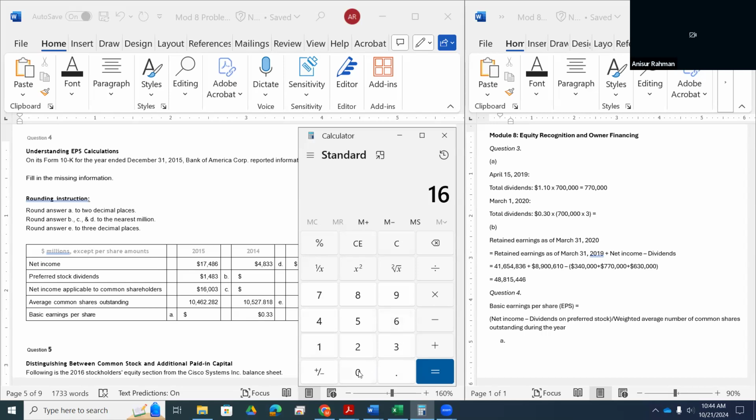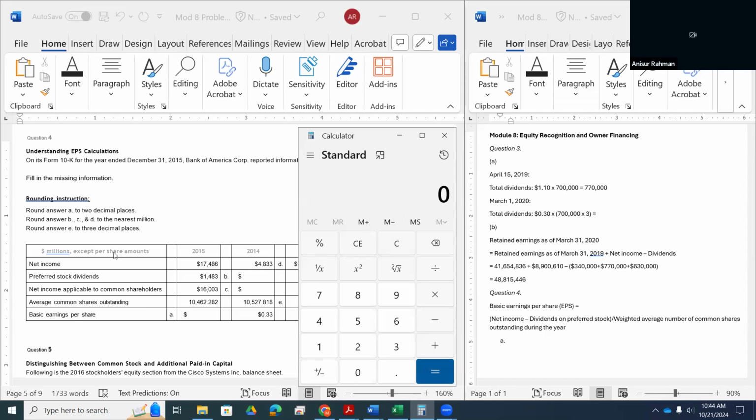Let me, this 3. Oh, I see. Except per share amount. So this is also in millions actually. So my bad, I'll go back.